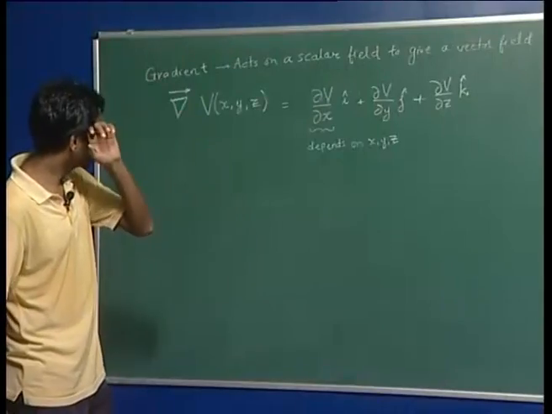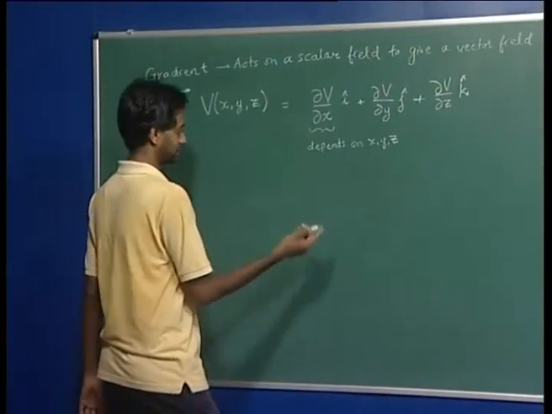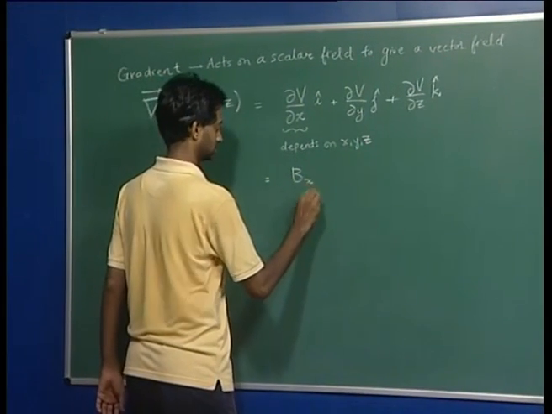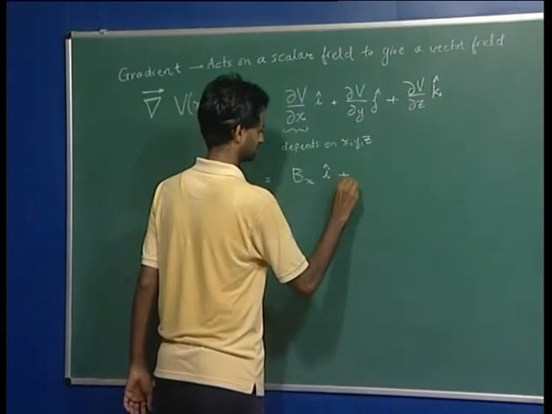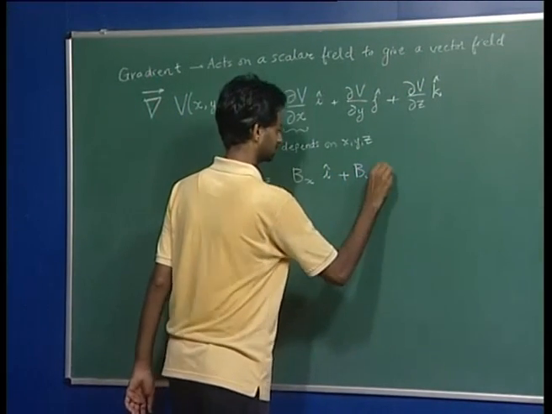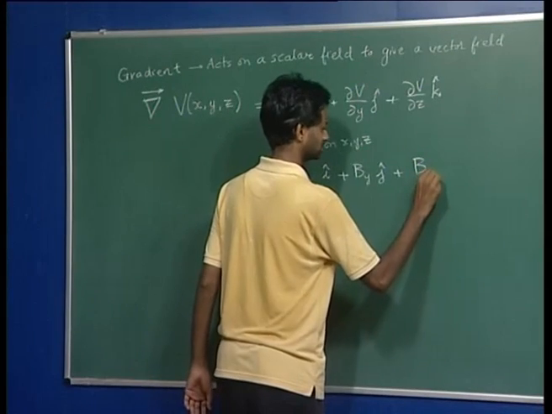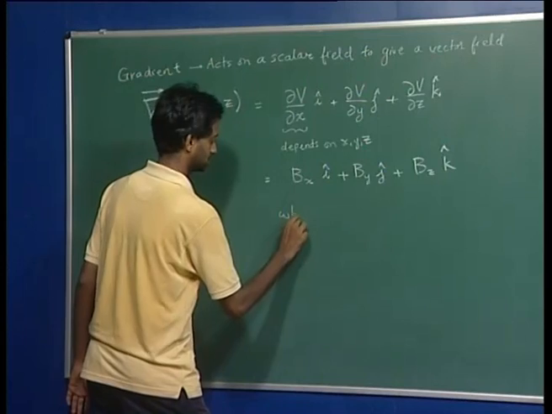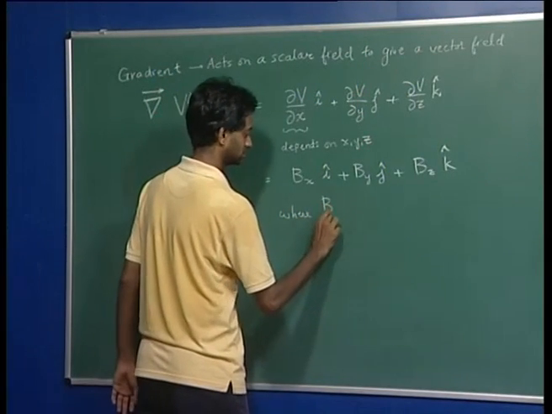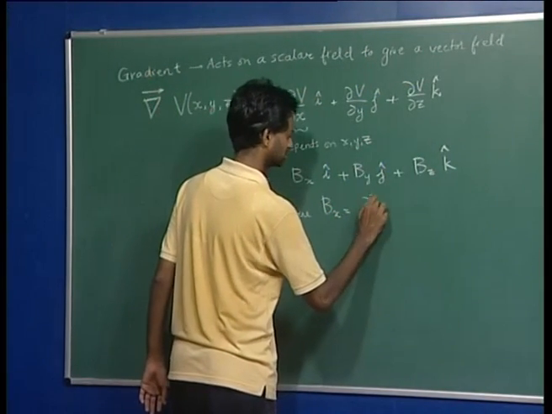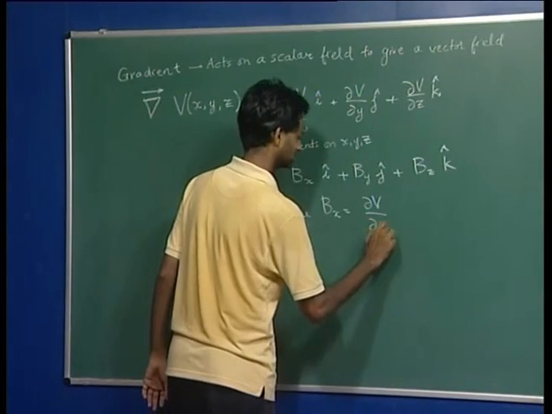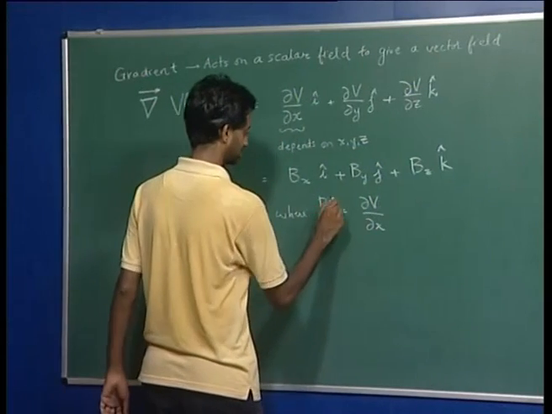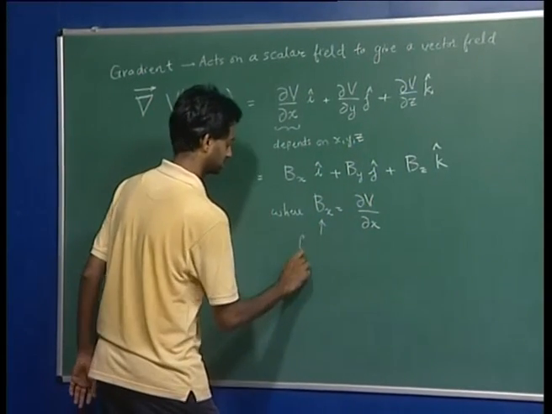So, the first component is the derivative of V with respect to x, and since V is a function of x, y, z, this will also be a function of x, y, z.